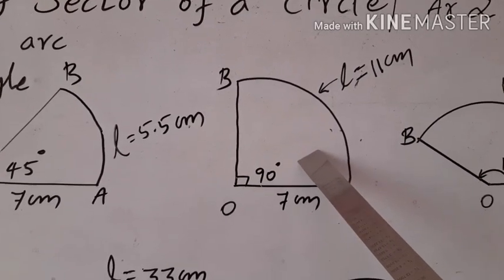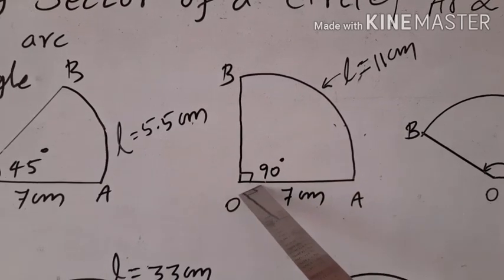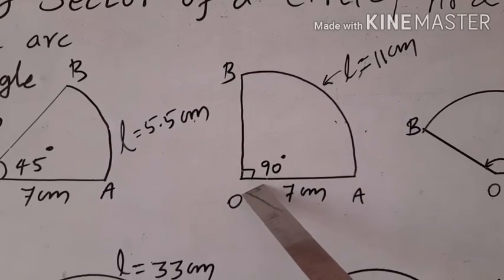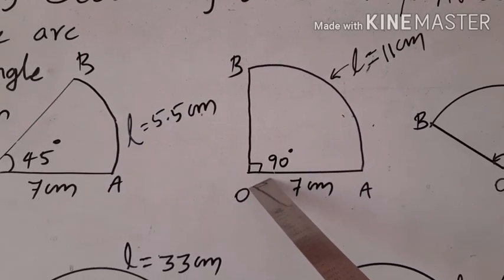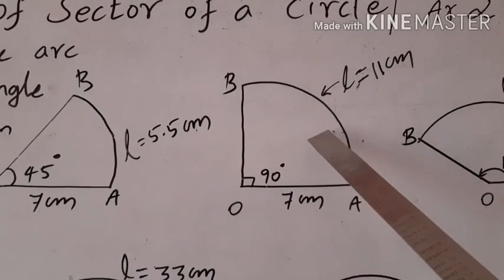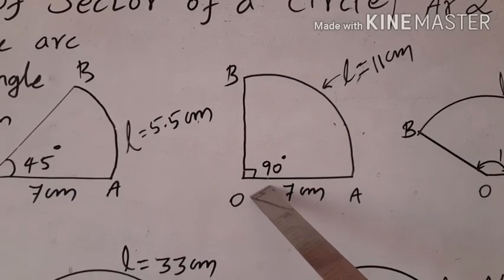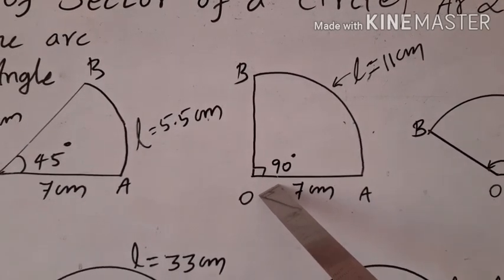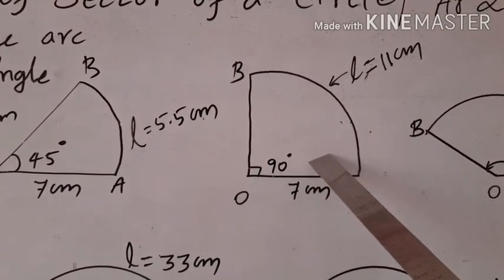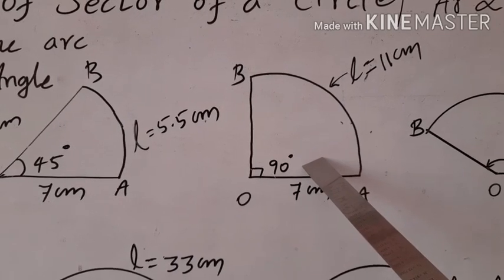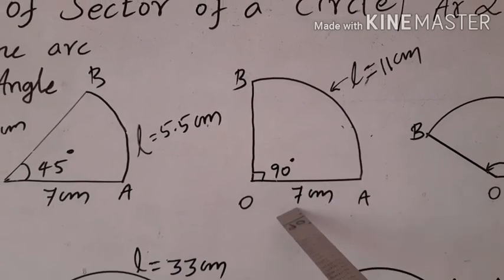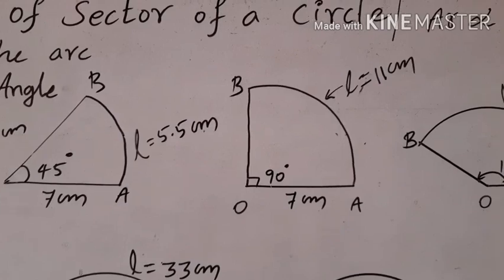A quadrant of a circle is that sector whose central angle is 90 degree, because quadrant means 1/4. Therefore, here the sector is 1/4 of a circle. That is why I call it a quadrant of a circle. If we are asked to find the area of this sector with central angle 90 degree and radius 7 centimeter, what will we do?